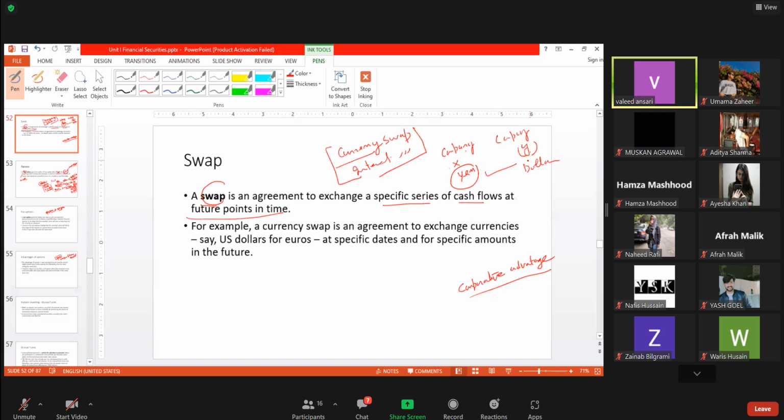So that is why they undertake a swap arrangement where they exchange these. Similarly, the interest rate swap is where the loans may be raised based on a fixed interest rate, or based on a floating rate.